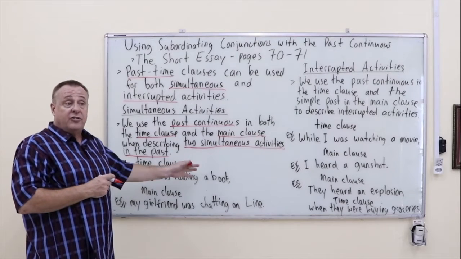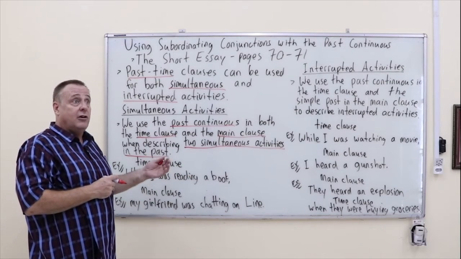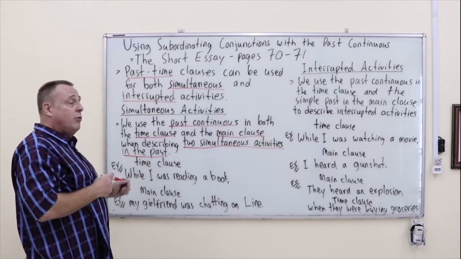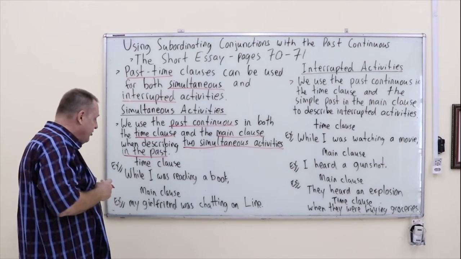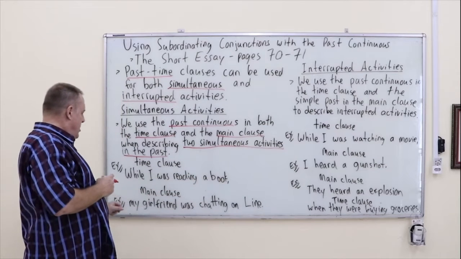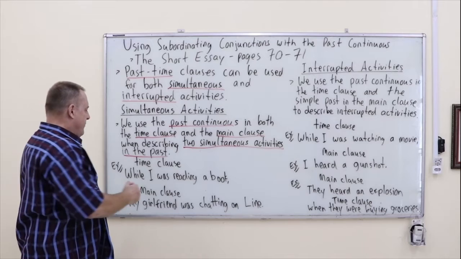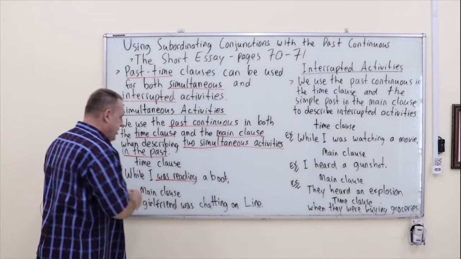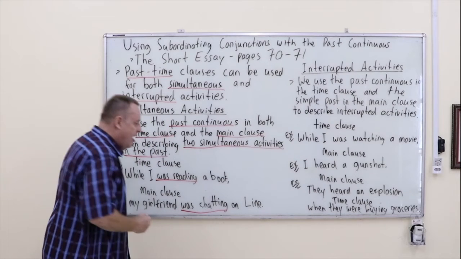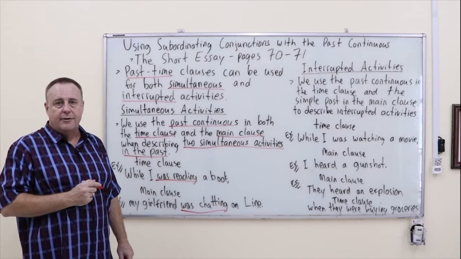And remember, in these sentences, you can begin with the dependent clause or the main clause. It doesn't really matter. For this one, we'll begin with the dependent time clause. While I was reading a book, comma, and we have the main clause. So while I was reading a book, my girlfriend was chatting online.